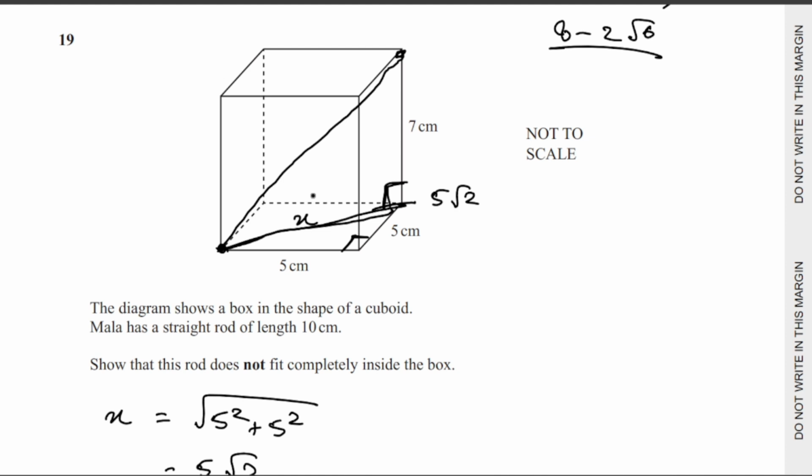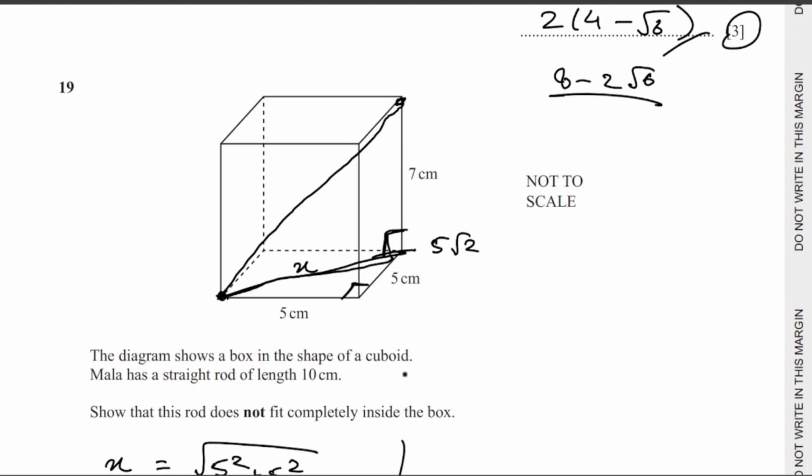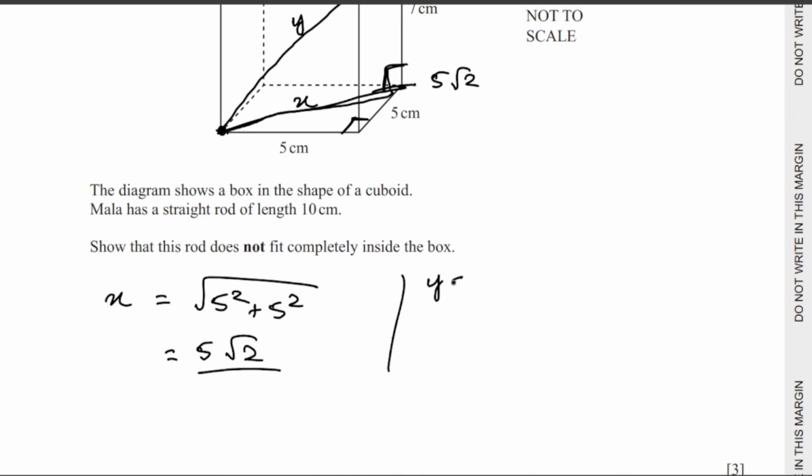Okay, so since we have this as 5 root 2, we know that this angle is 90 degrees, right? Now once again we need to use the Pythagoras theorem to find this length. Let's call it y, right? So y squared would equal x squared, which is 5 root 2 squared, plus 7 squared, right?